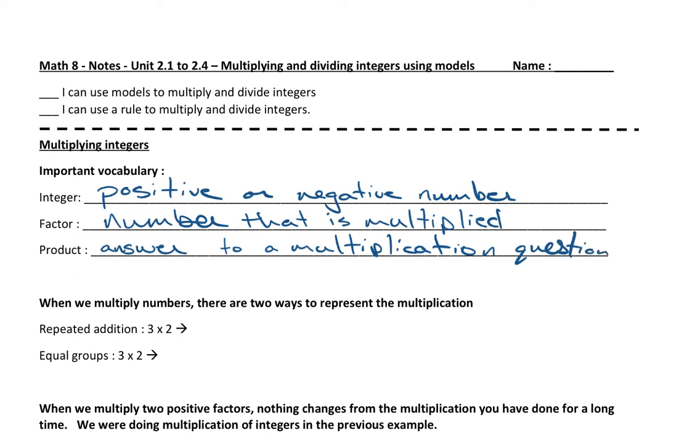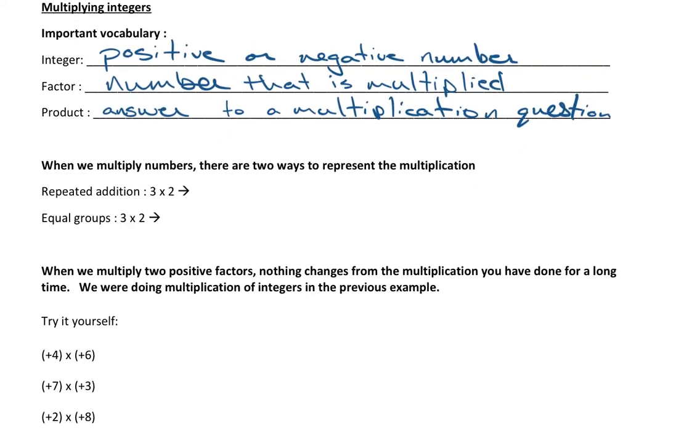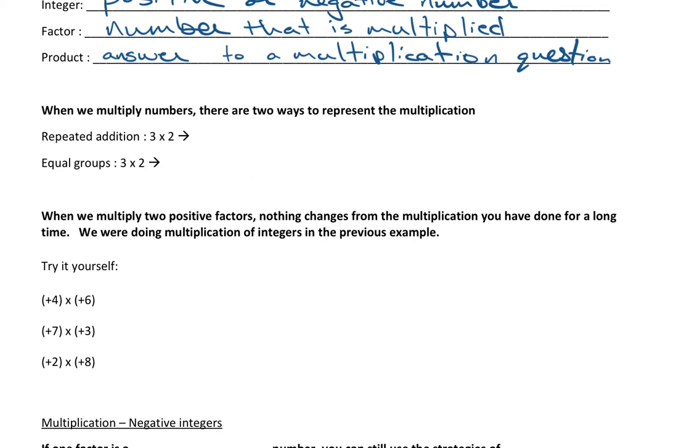When we're multiplying numbers, there are two ways to represent the multiplication. These are strategies you've done in the past. The first thing that we would talk about is repeated addition. What this means is 3 times 2.